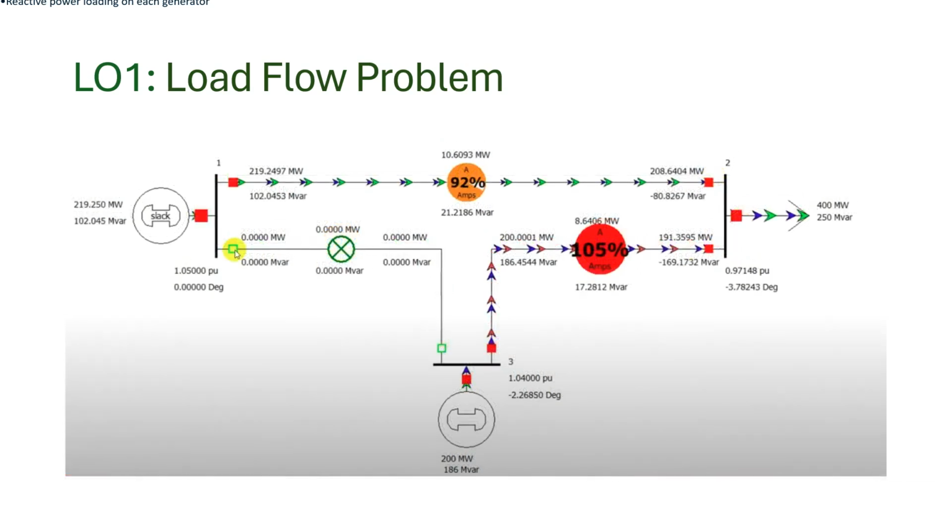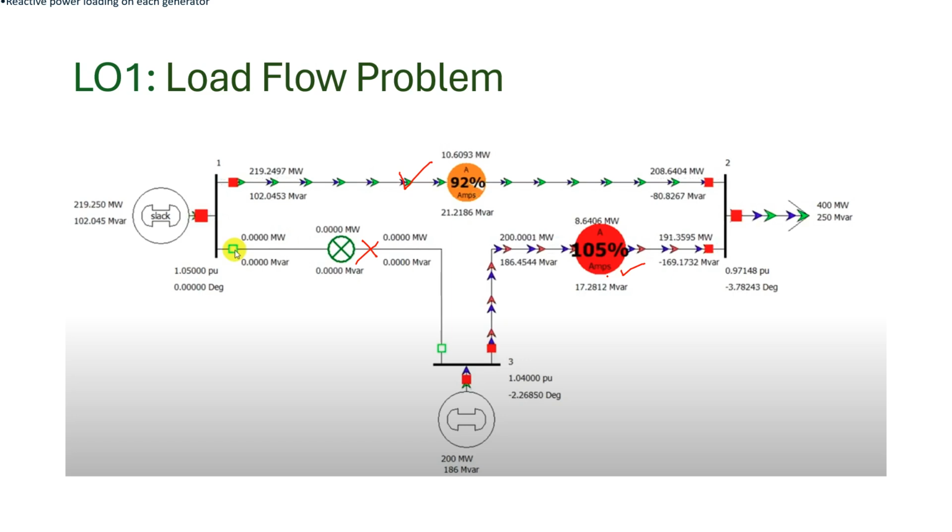Now if this other line is gone off due to some reason, then the top line will be operated at 92% of its capacity, and this is again overloaded by 5%. So I am giving these different scenarios of operating.